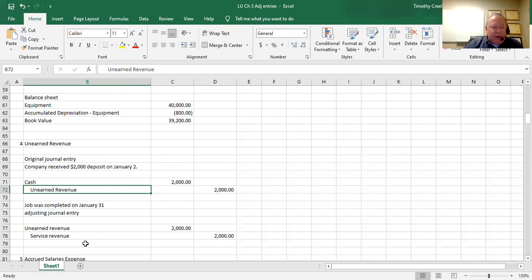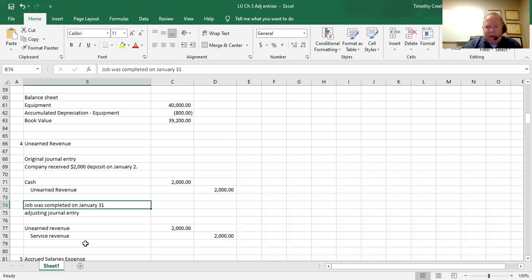And then they would credit unearned revenue. Now, unearned revenue is a liability account. You can kind of think of it along these terms: if you accept payment from a customer in advance, you now have a liability to fulfill your end of the deal. And so we would debit cash, we would credit unearned revenue.